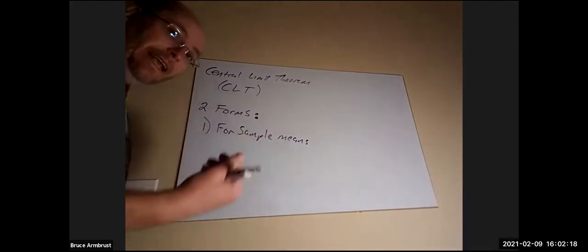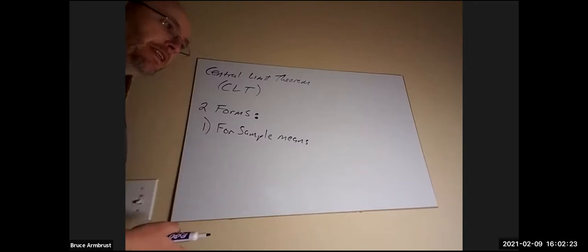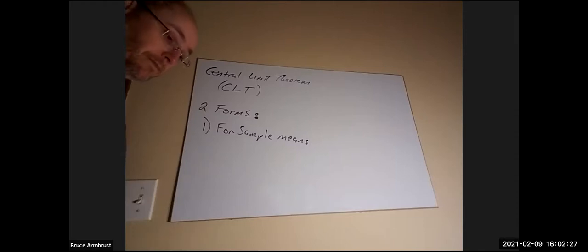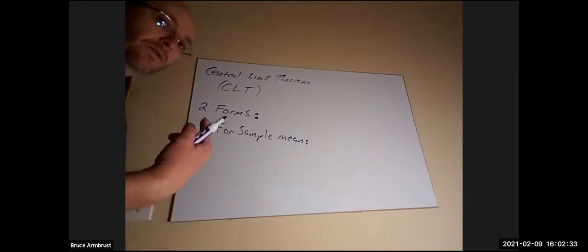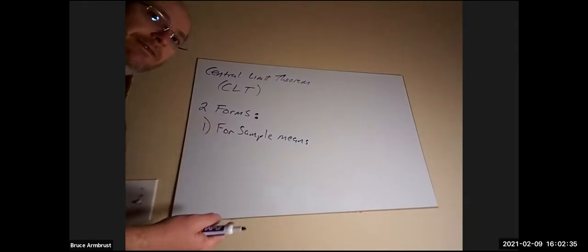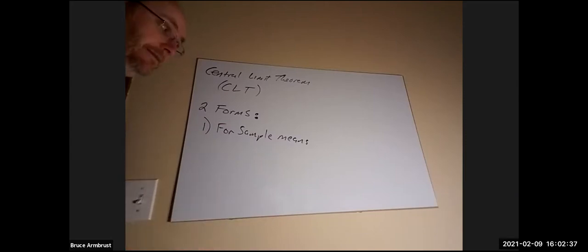So we're taking a sample, right? So let's say we're looking at heights of adult males. And we go out and we grab a sample of 25 adult males. We measure their heights. We get the average of that. That's that sample mean. So that sample has a mean height. All right. So that's what we're talking about when we're talking about sample means.